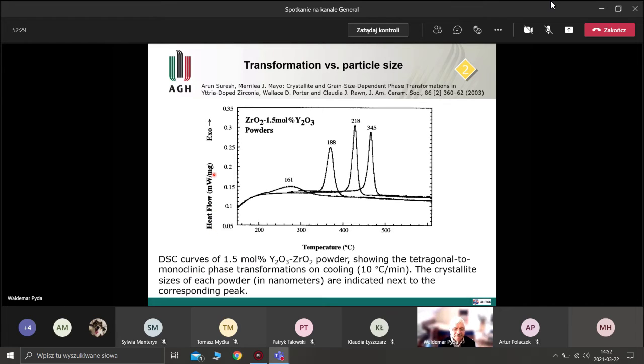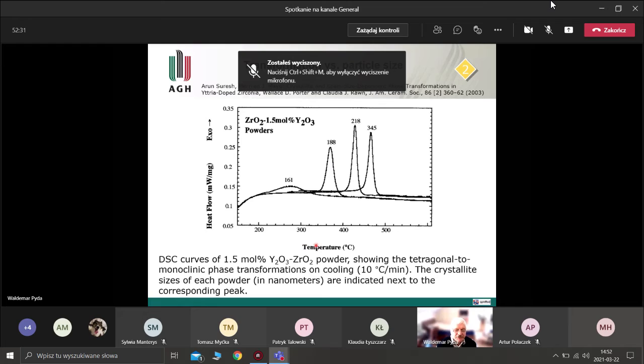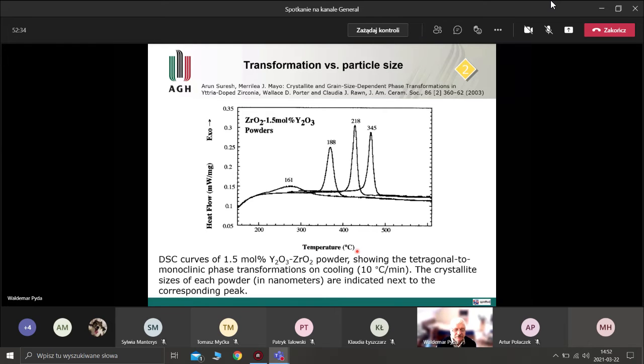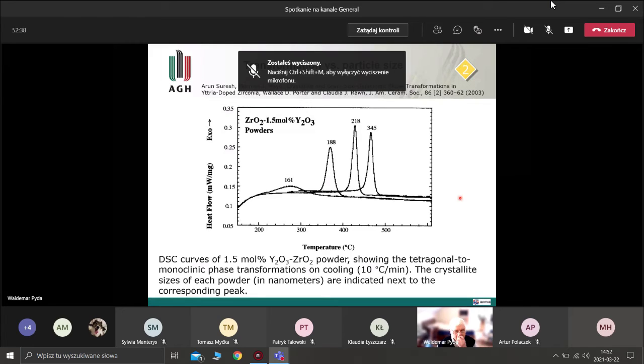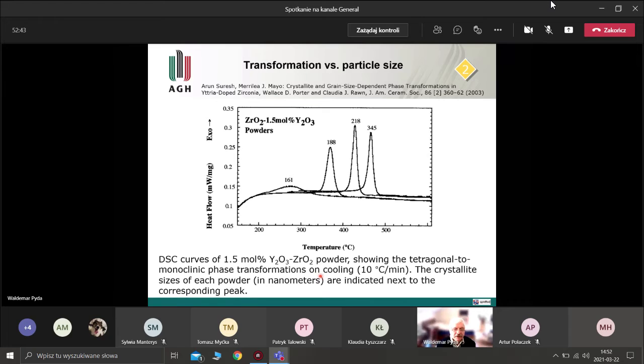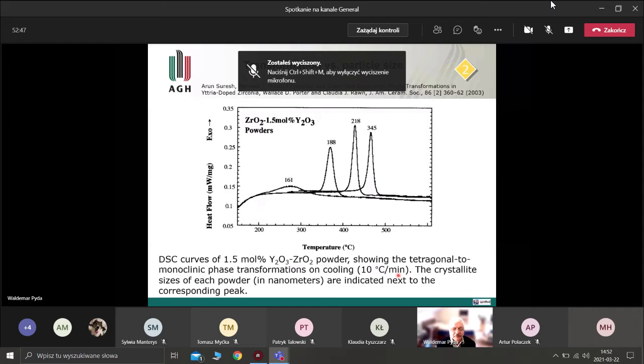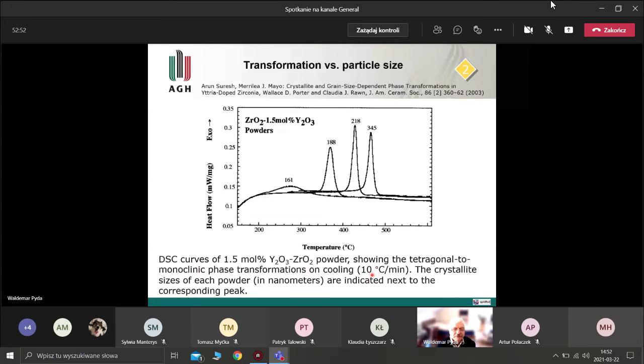Yes. The material has been cooled with a rate of 10 degrees per minute. Cooling. Yes, cooling. And each peak must be attributed to what, Claudia? To the temperatures of different transformations. Yes, to the transformation. Which one?